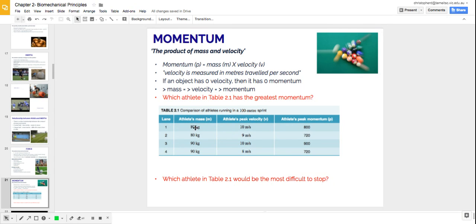So if we times 80 by 10, because that's our formula here, it is 800 momentum. The next one, who has a peak velocity of 9, is 720. We find that the person who has the greatest momentum is the athlete with the heavier mass and the higher peak velocity, so 900.